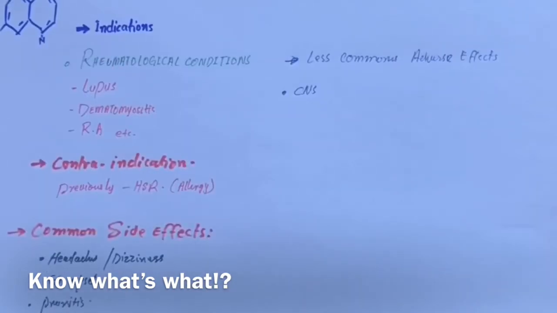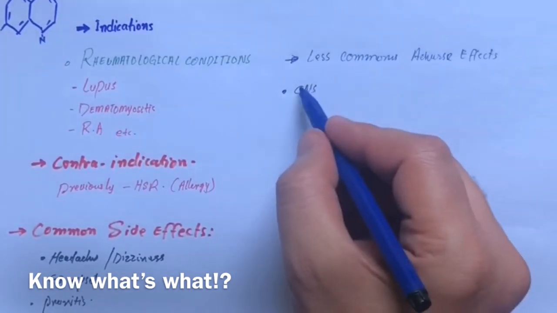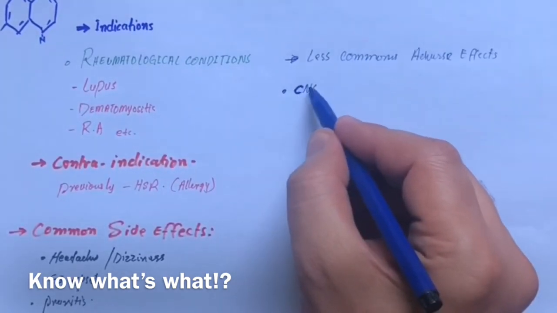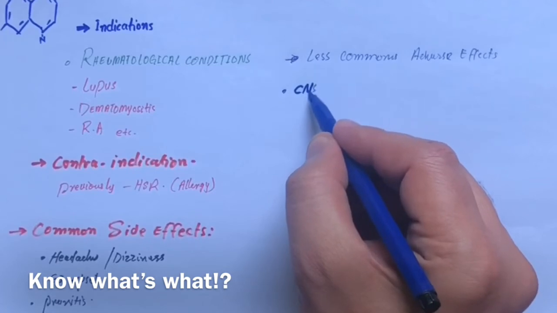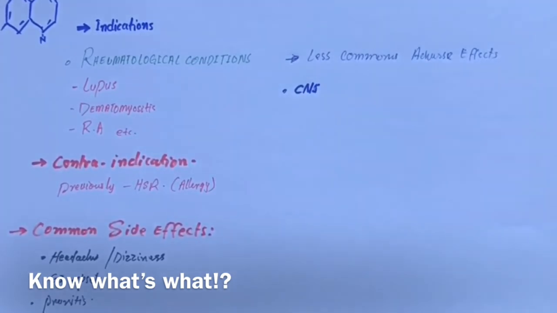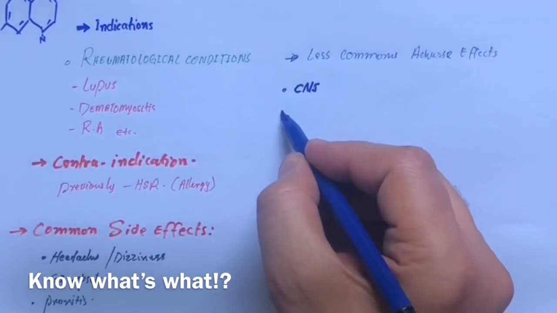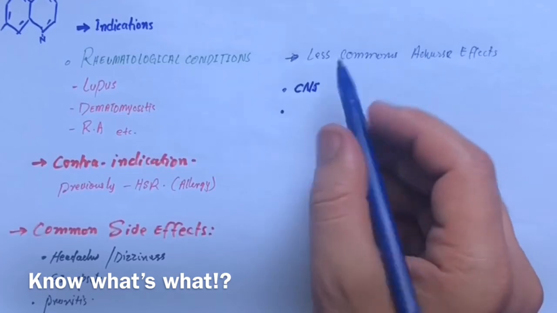The less common adverse effects, if we start with the CNS, are agitation, anxiety, confusion, delirium, depression, hallucination, and psychosis. On the eyes, it will cause macular degeneration, retinopathy, and corneal opacity.